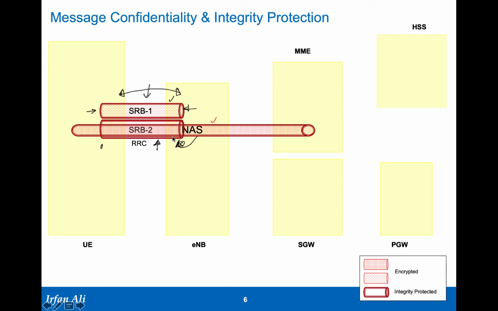So these are doubly encrypted as they're sent over the air. One of the things you can see is, since the NAS messages are encrypted and integrity protected between the UE and the MME, the eNode B cannot look inside the NAS messages. So it doesn't know what NAS message the mobile is sending to the MME, or what message the MME is sending to the eNode B.